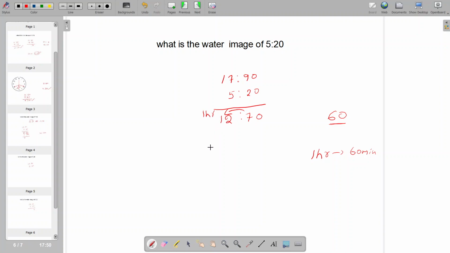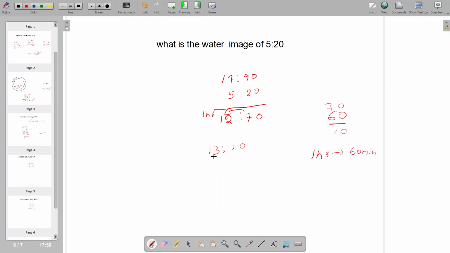So add that 1 hour. 12 plus 1 becomes 13. We are bringing 60 minutes from 70 minutes, so the remaining minutes are 10. So 13:10. What is the time? 13:10.